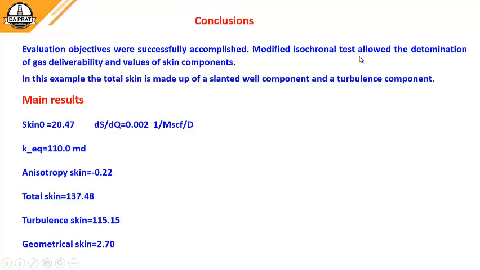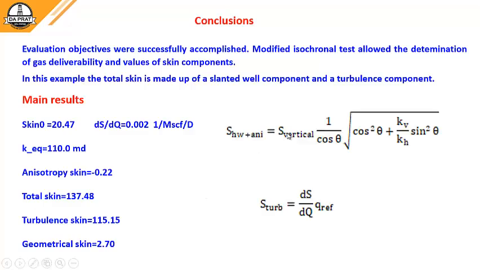And you need to determine the skin components, especially for gas, because you're going to have a very important component here, which is the turbulence. And this turbulence, if you compare it with the total skin, is quite representative. I mean, the slanted well component is not as big as the turbulence skin component.